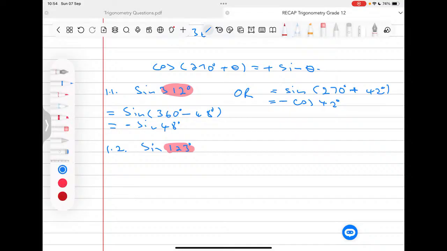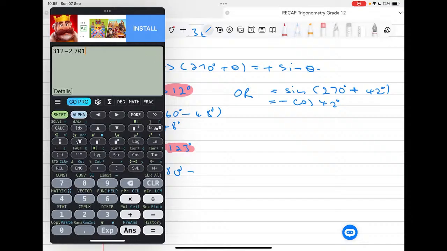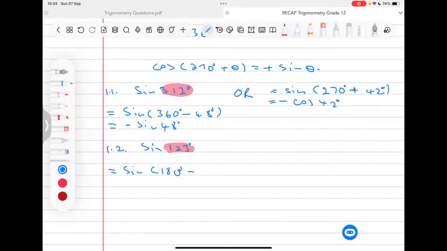And in the second quadrant, we can write angles as 180 degrees minus. So if I say 180 degrees minus 123, I get 57, so I'll write 57 degrees. If you say 180 minus this, you should get 123.